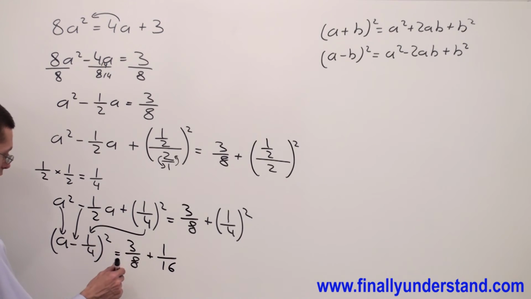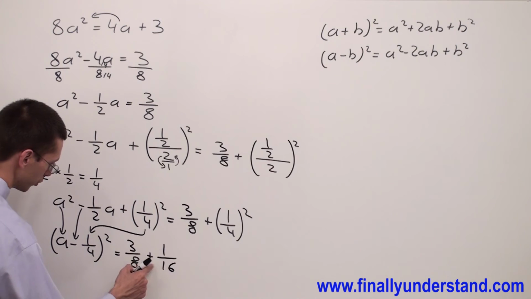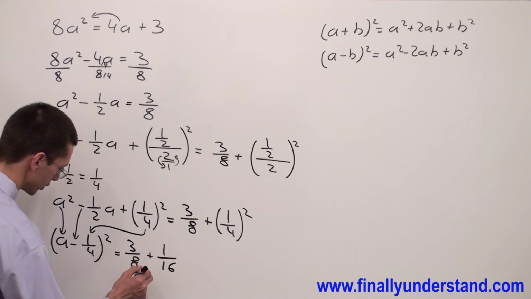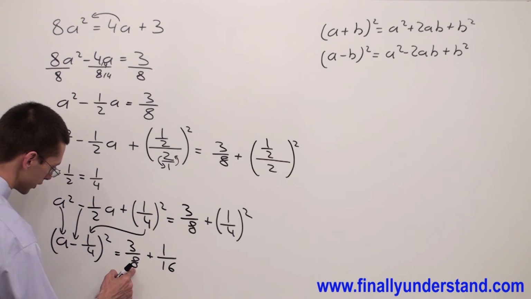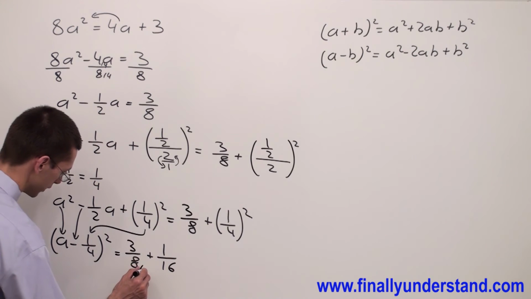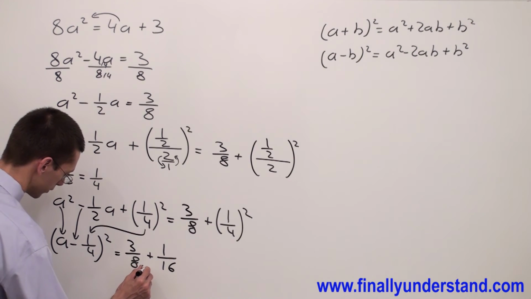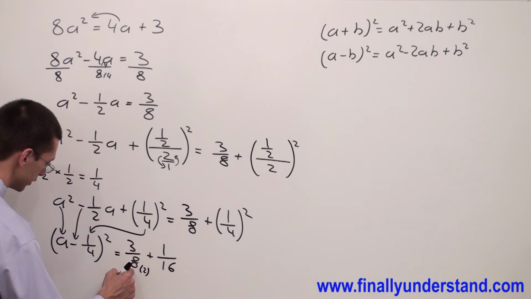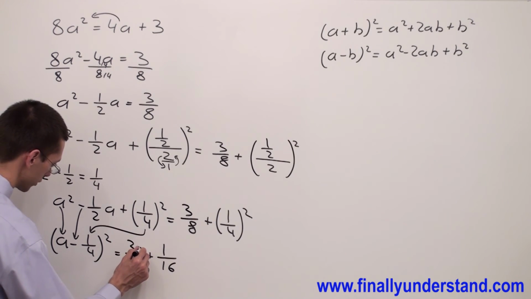On the right side of the equation, we have addition of two fractions. We have to find a common denominator. The common denominator for these two fractions is 16. In order to get 16 over here, I have to multiply this denominator by 2. Whatever I did for the denominator, I have to do also for the numerator.